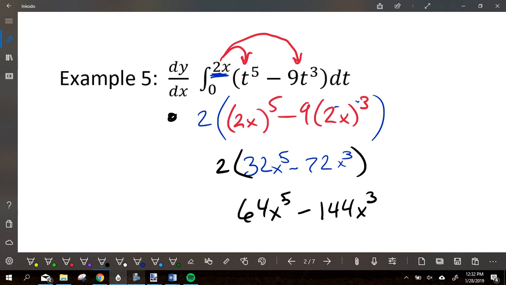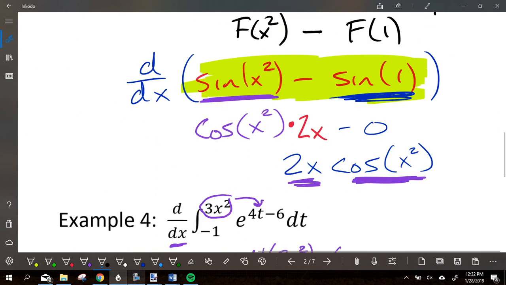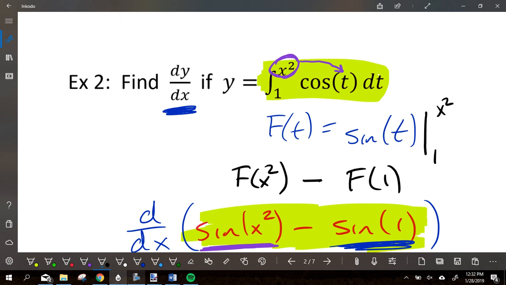Question? Can we go over why it's multiplied by 2 again? Yep, because it's not just x up here. It is something beyond x. The derivative of x is 1, so we don't have to multiply by anything extra. But here I have to multiply by the derivative of my upper bound. The derivative of 2x is 2, so I multiply everything by 2. Again, that's what we did in the first problem.